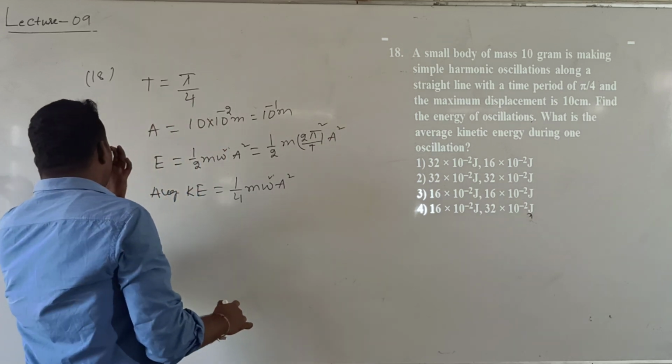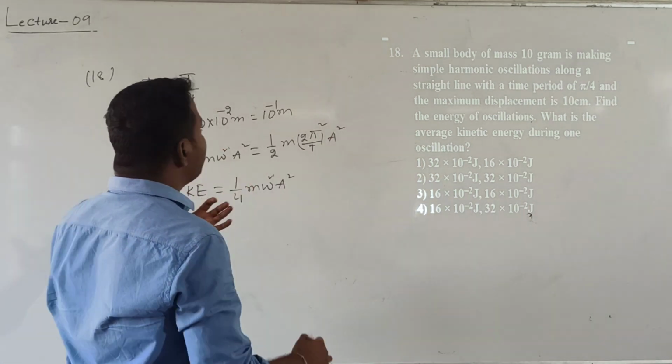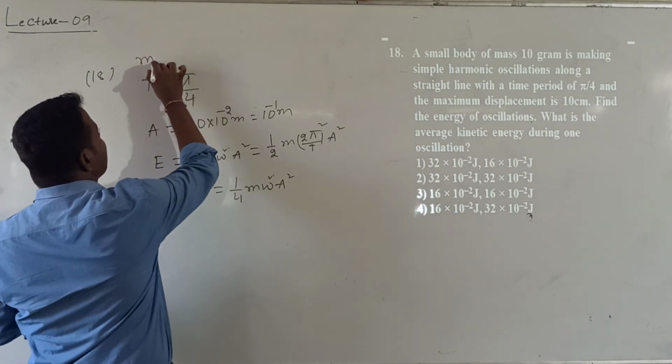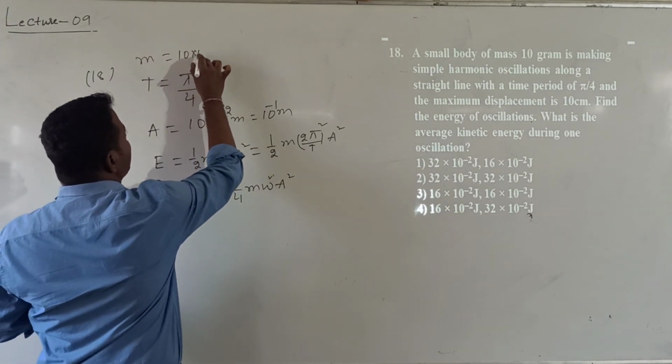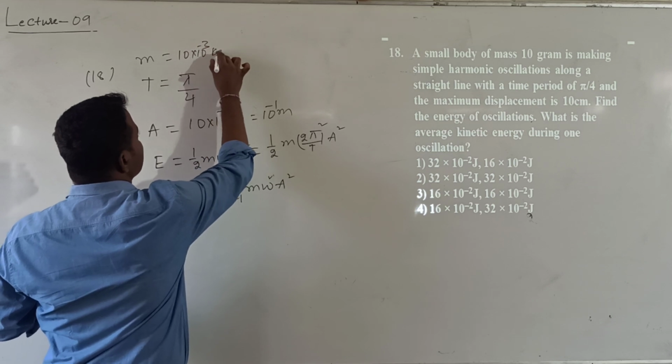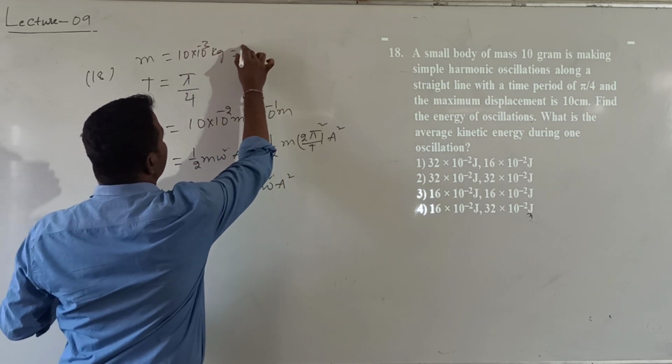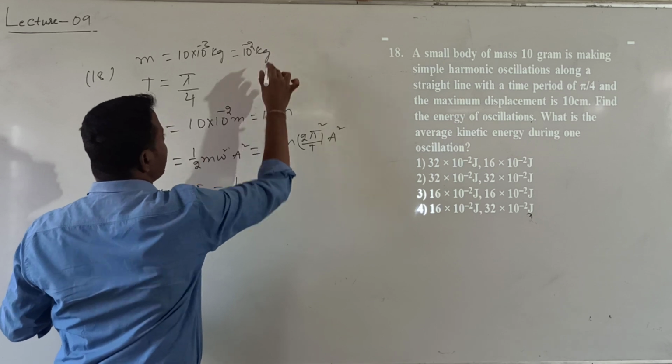So can I substitute the values? What is the mass they have given? Mass of the body is 10 grams, 10 into 10 to the power of minus 3 kg, which is 10 to the power of minus 2 kg. Correct?